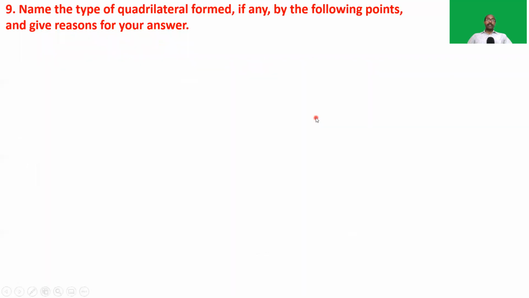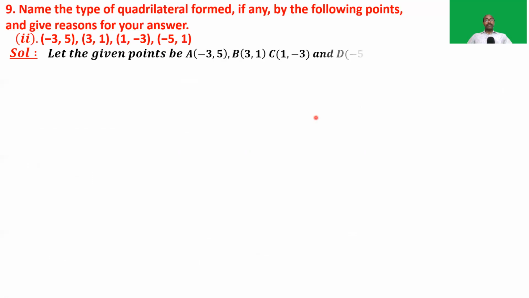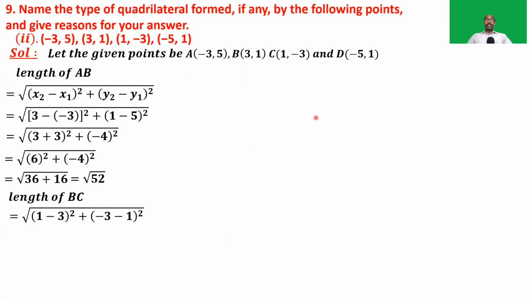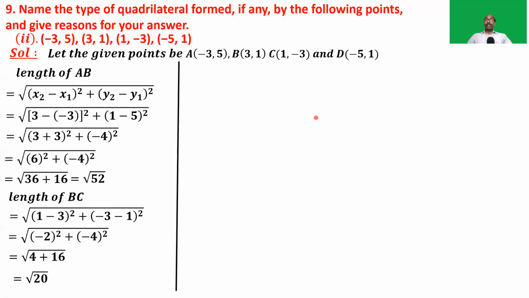Next, second one is minus 3 comma 5, 3 comma 1, 1 comma minus 3, minus 5 comma 1. Let the given points be A, B, C, and D. The length of AB is equal to root 52 units. Length of BC is equal to root 20 units.